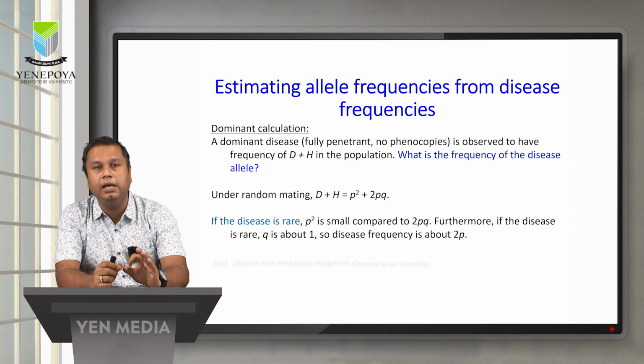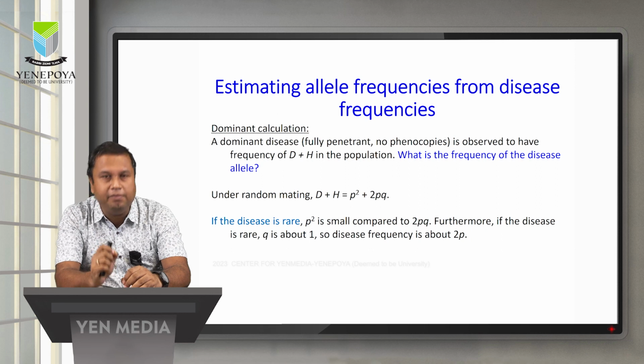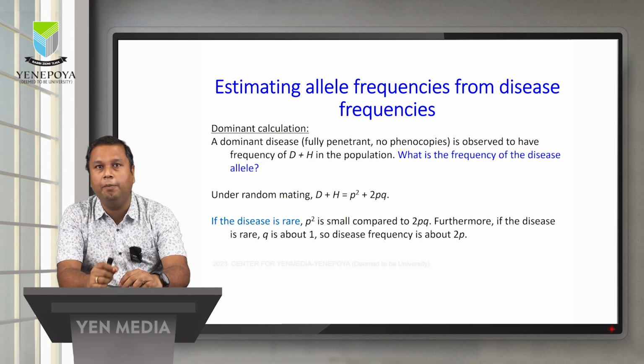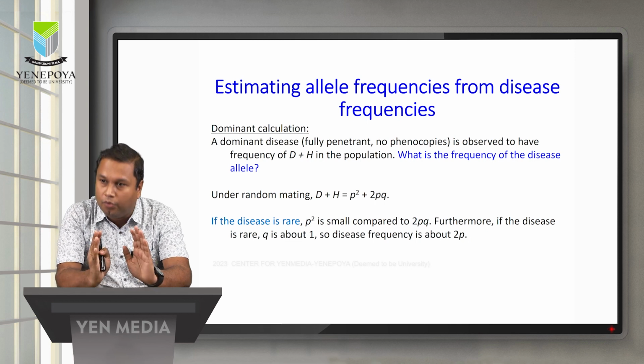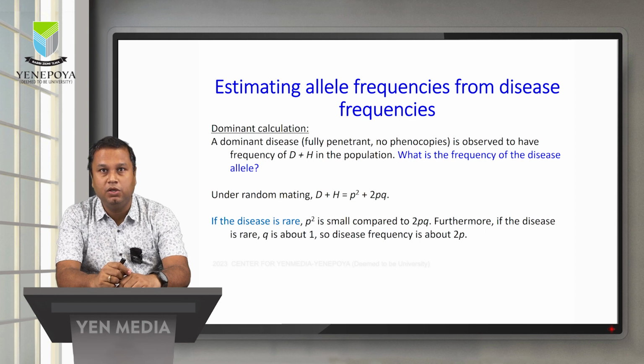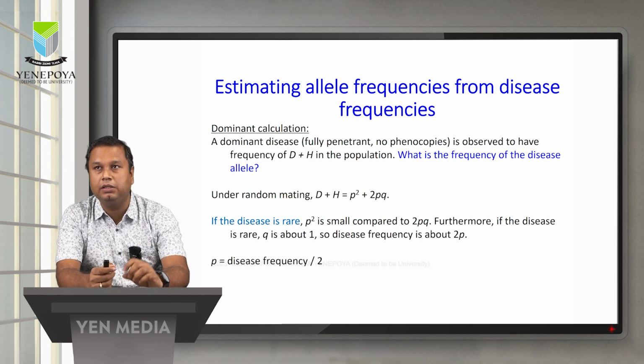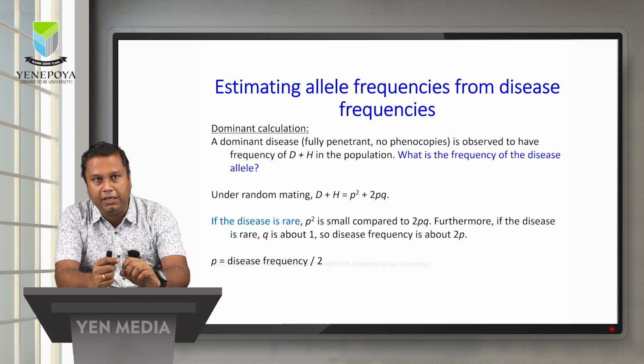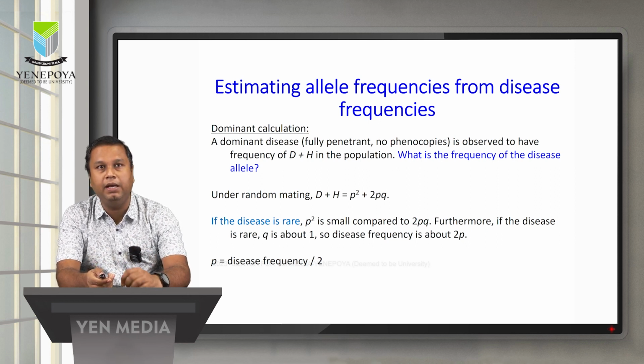Just to make a note here, dominant disorders are extremely rare. As a result, p square is very small compared to 2pq. Further, if the disease is very rare, q will be close to 1. That means most individuals in the population will not have the disease. So the disease frequency will remain as only 2p. As a result, the dominant allele frequency p will be the disease frequency divided by 2.